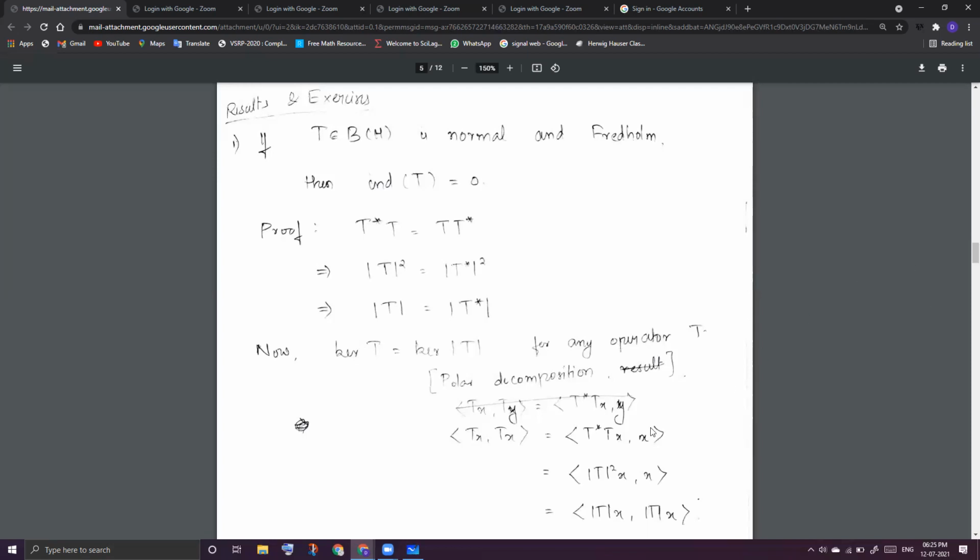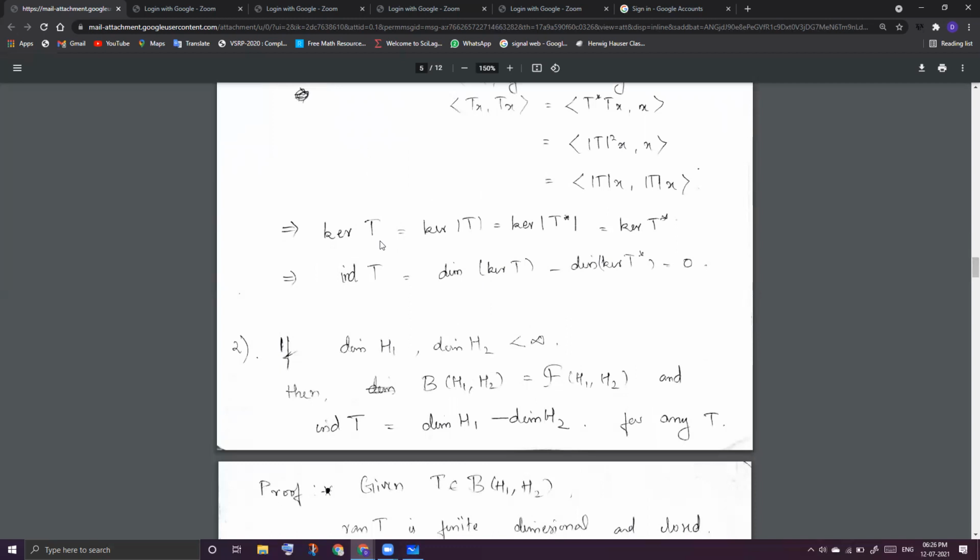The way we do this is, norm of Th squared is equal to the inner product of Th with Th, which is T star Th comma h, and this is actually mod of T squared h comma h. So we get that the norm of mod T h, whole squared, is equal to the norm of Th squared. So we will have that the kernel of T is equal to the kernel of mod T. So this one is true.